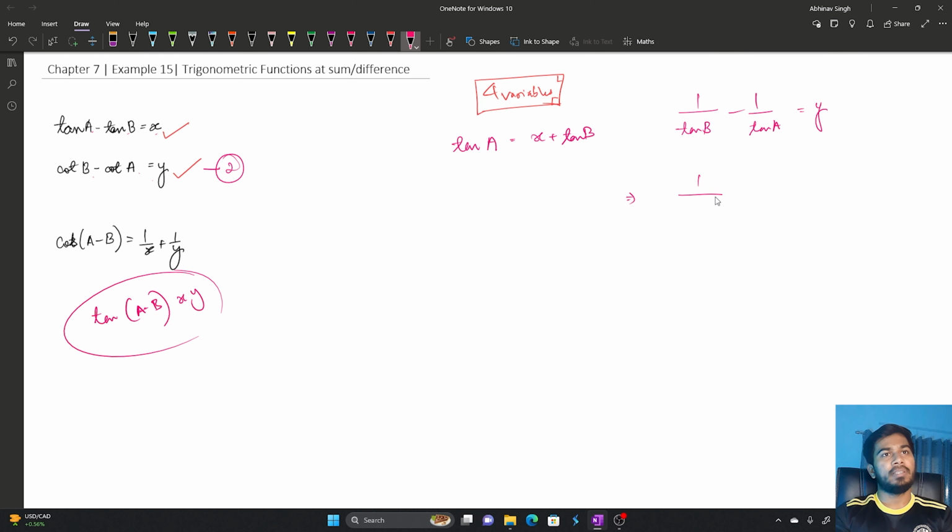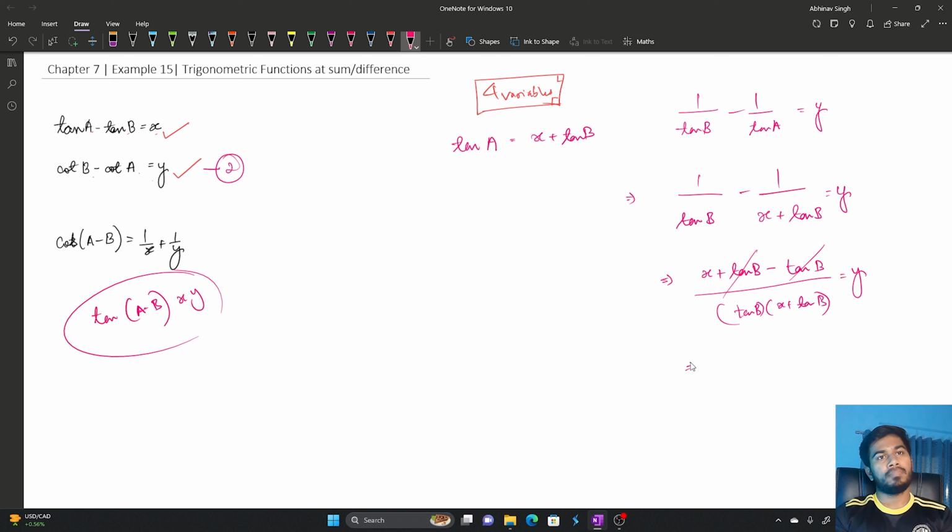If I substitute the value of tan a in the second equation, it turns out to be a quadratic equation if you solve this way.